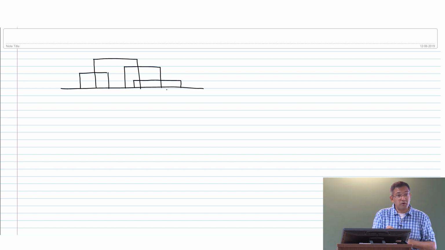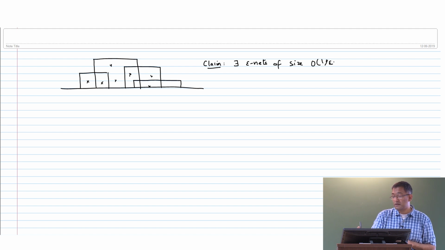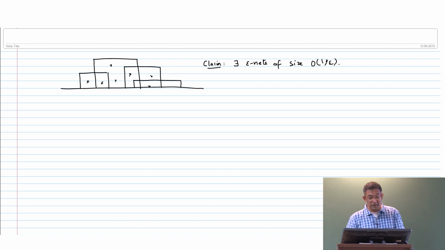So imagine rectangles sitting on the x-axis and points, and the claim is that there exist epsilon nets of size 1 over epsilon. I'm not going to prove this. I'll upload notes which you can look at, which has the solution.